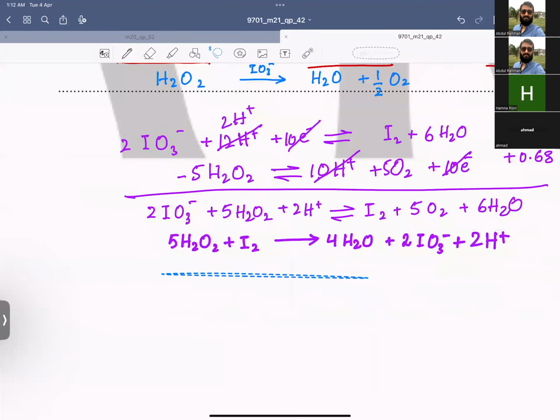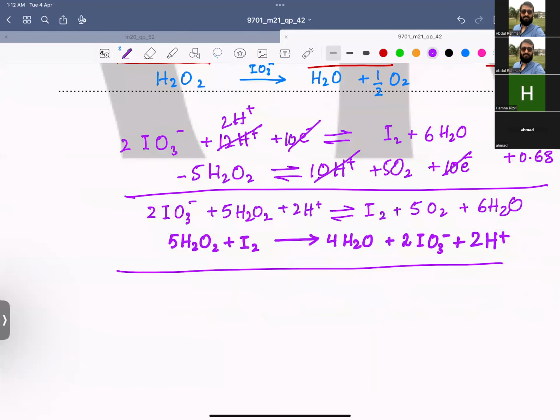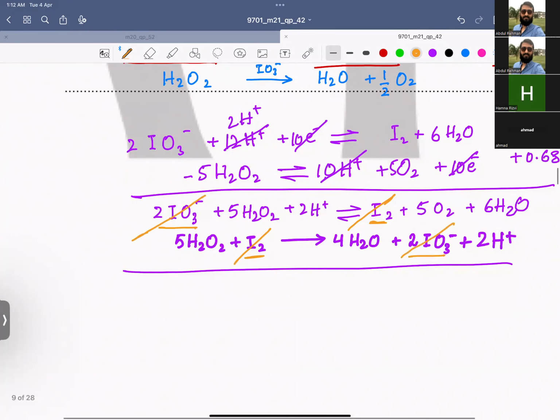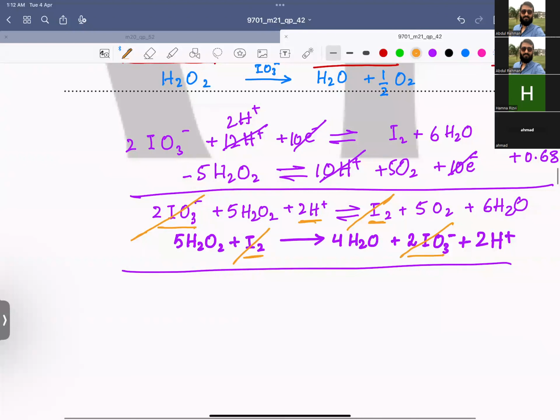Now if you add these two equations, see, iodine is on the opposite side, so it must be cancelled out. 2 iodate ions are on the opposite side, they must be cancelled out, right? 2 hydrogen ions on the opposite side, so they must be cancelled out.